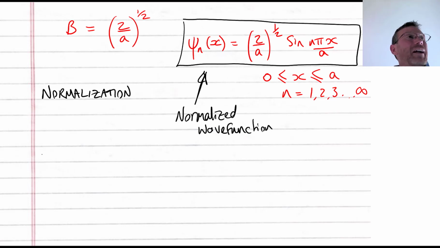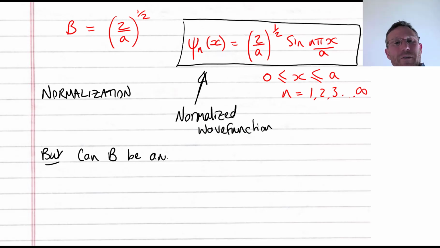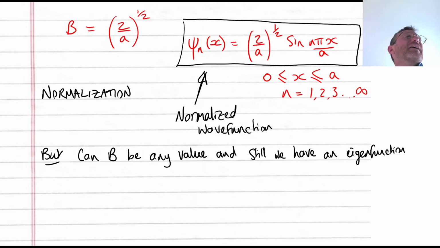with b taking any value. So I'm going to write here, can b be any value and still we have an eigenfunction? The answer is actually yes. This is because quantum mechanical operators are linear.